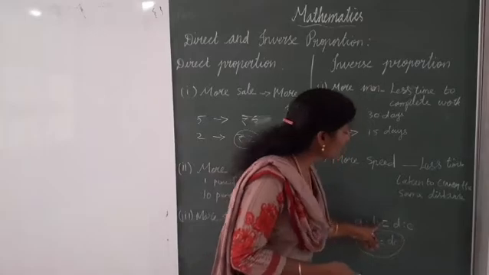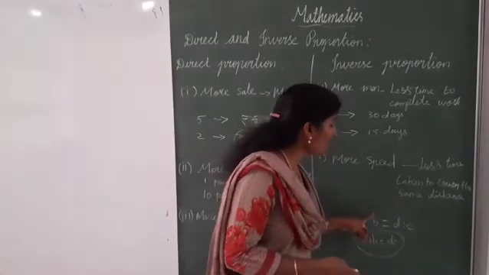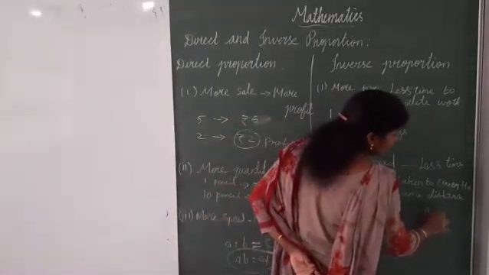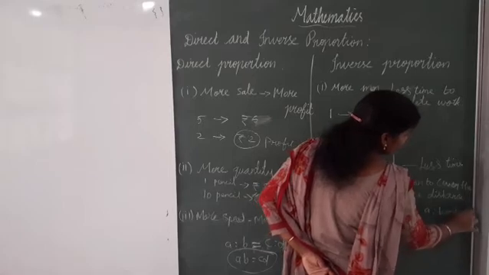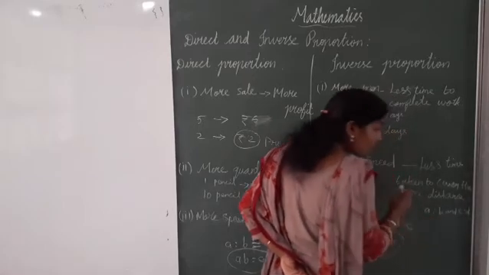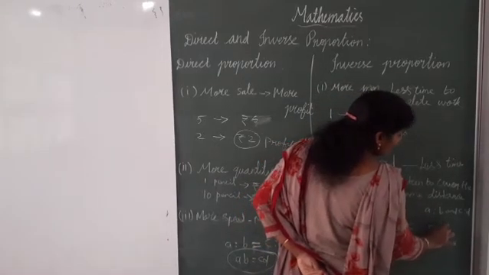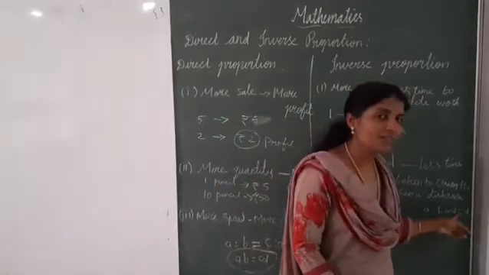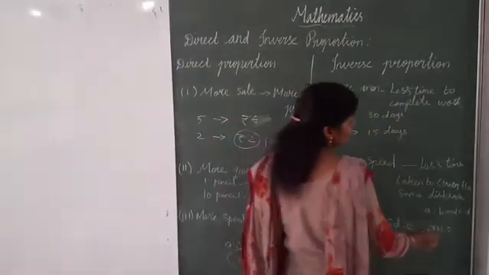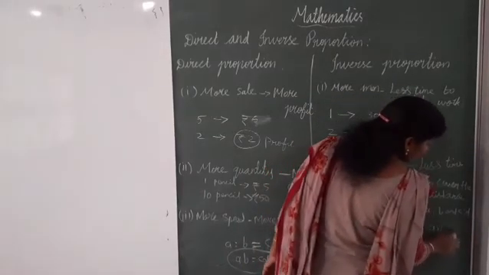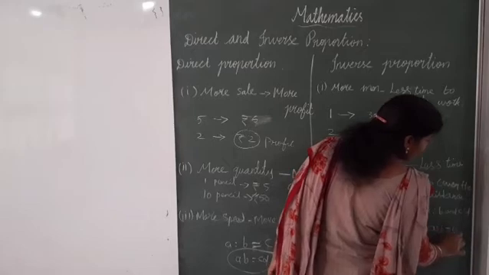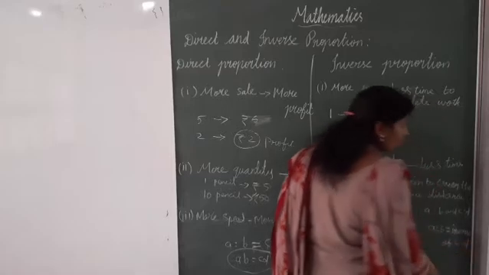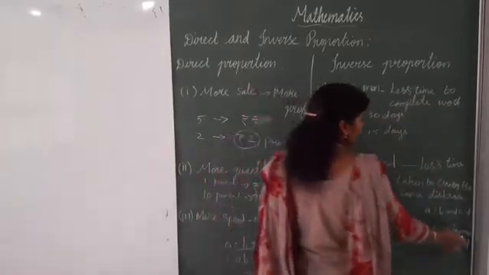Okay, now A is to B is equal to D is to C. Listen, A is to B equal to D is to C. How? Here A is to B and C is to D. Now, inverse proportion means A is to B is equal to the inverse of C is to D. Inverse of C is to D means D is to C. The place will change.